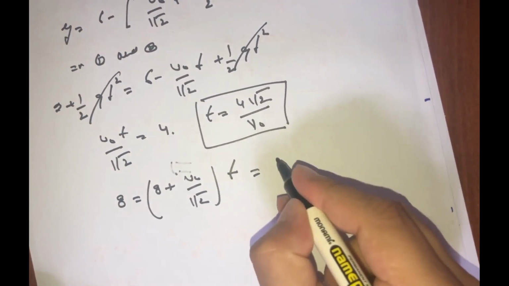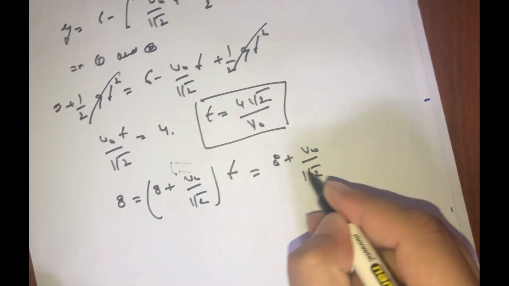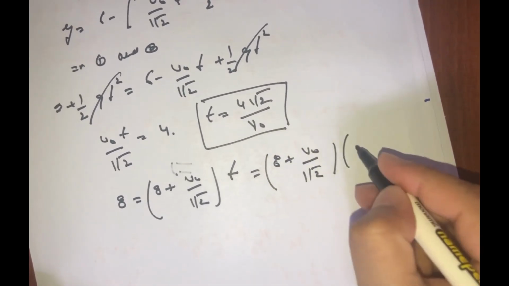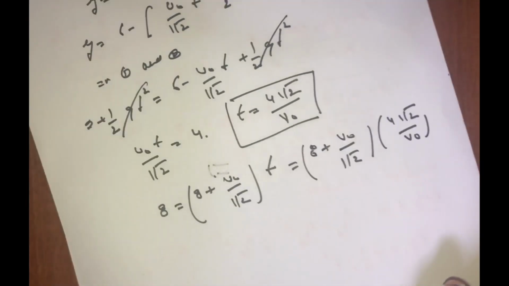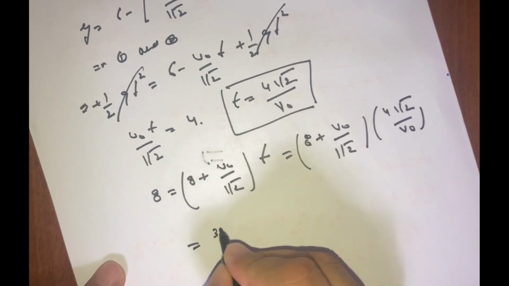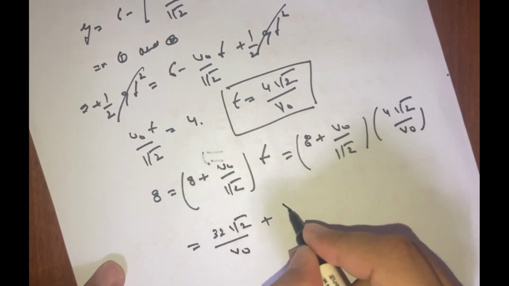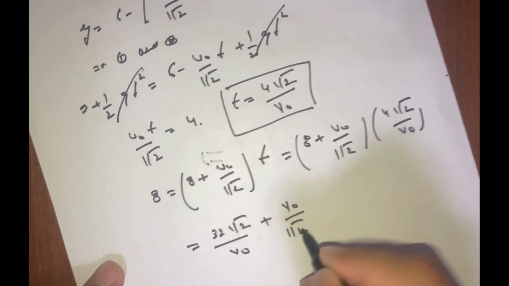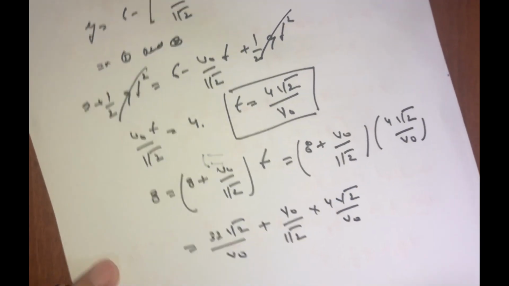So this will be equal to 8 plus V0 root 2 multiplied by 4 root 2 divided by V0.